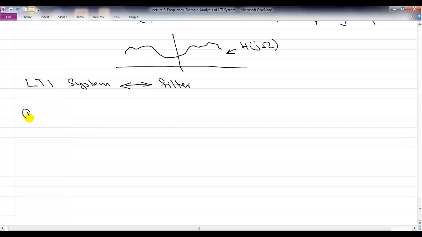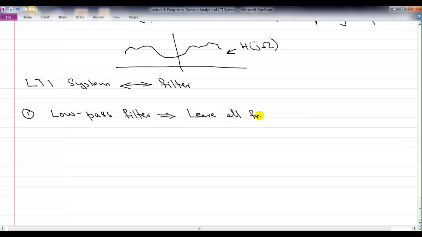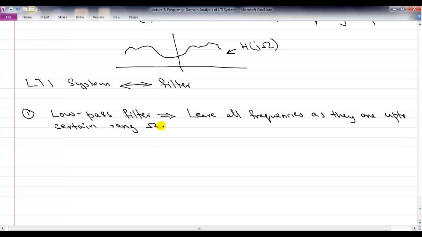So the first type is called a low-pass filter, or a low-pass LTI system. And as the name implies, what is the goal of this LTI system? Leave all frequencies as they are up to a certain range omega c.